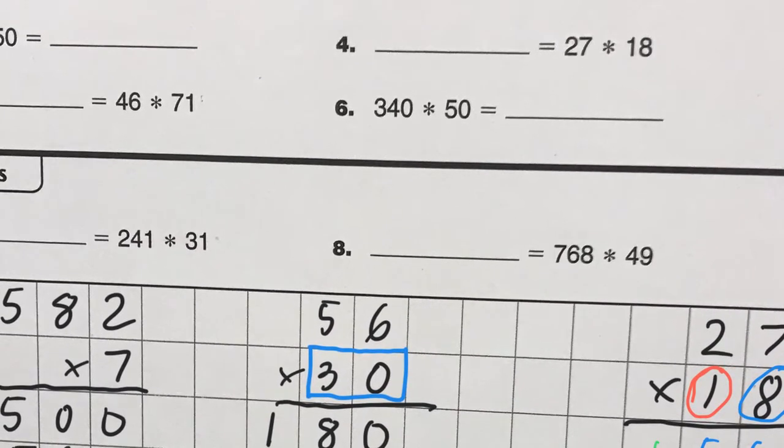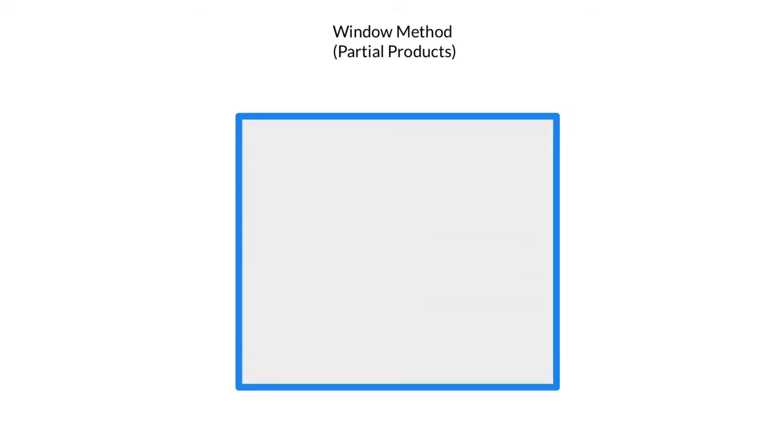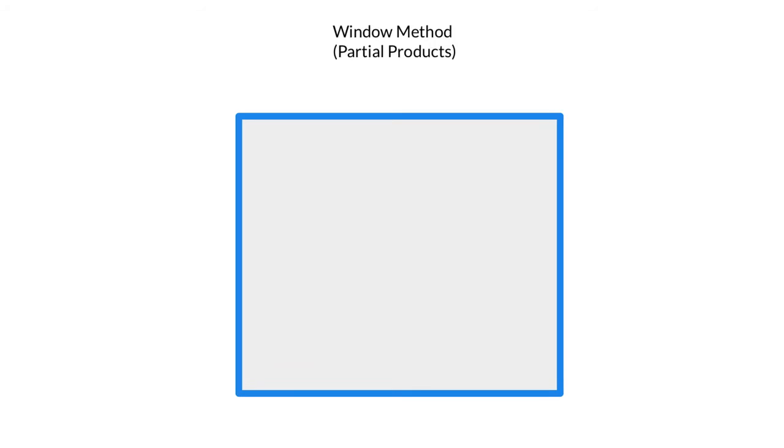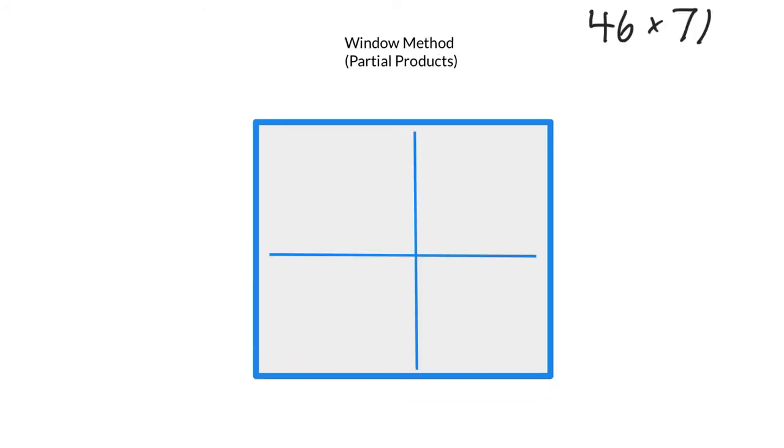So let's do this next one, kind of the same idea, but a different format, 46 times 71. We call this the window method, but really it's just another way of doing partial products. And what we do is we draw something that looks like a window, and we use this to help us sort out our products.